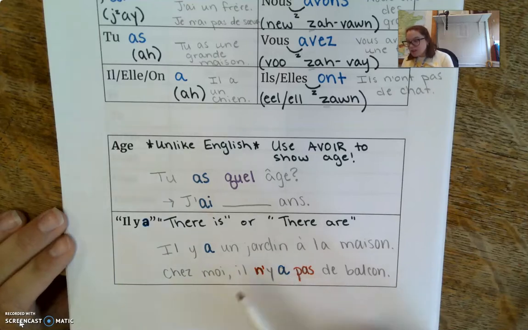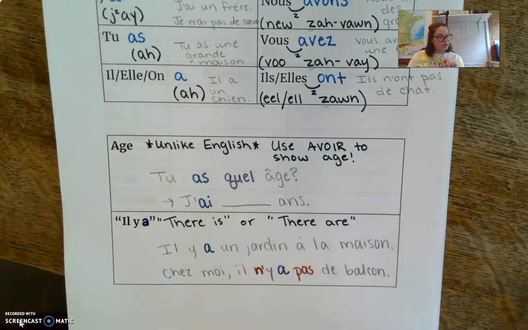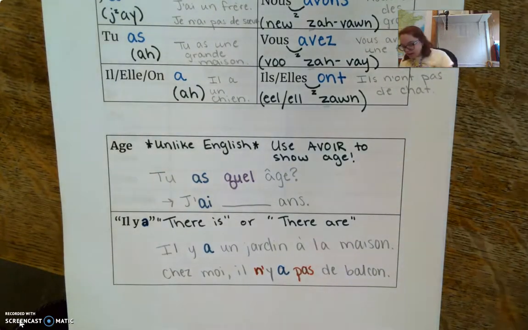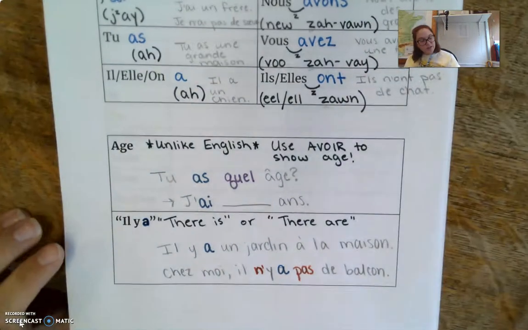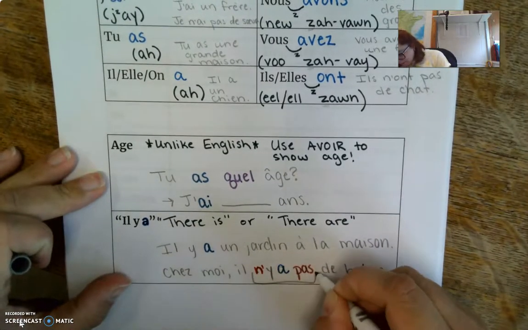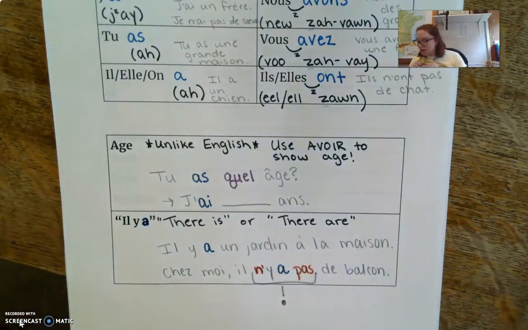But in the specialty case of il y a, that y gets placed in there as well. So I'm really going to highlight this for myself. I'm going to kind of circle this. And I'm going to put an exclamation point because it's important that I remember how that works.